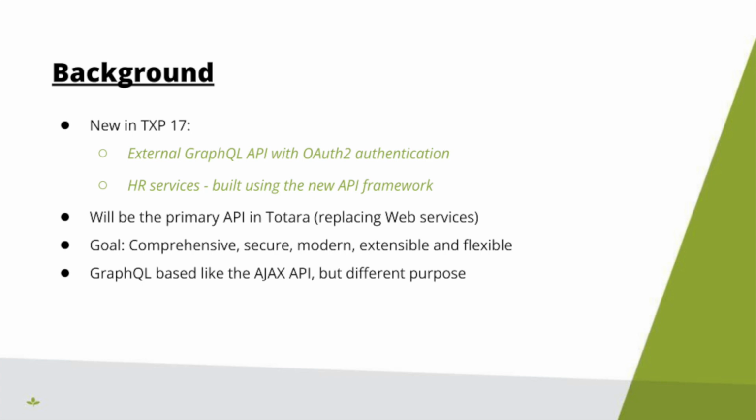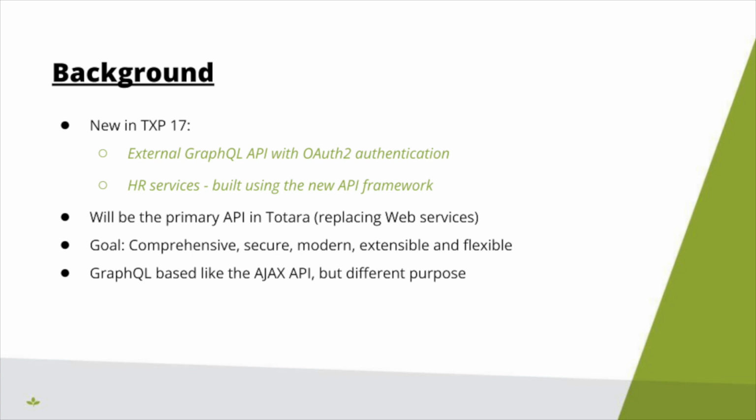As I think I mentioned, the new external API is based on GraphQL, and GraphQL was a technology that we introduced into Totara in version 13 when we moved to a sort of API first model for Totara development. And our original use of the GraphQL API was for our own internal AJAX or JavaScript requests. So it's essentially an internal API used by the JavaScript framework to query the backend server.